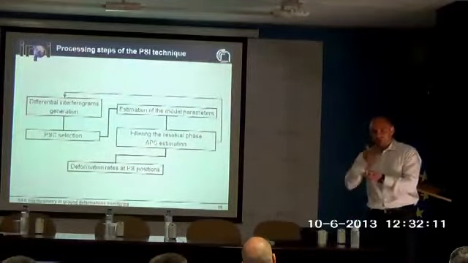Please notice that the only component of deformation we are able to acquire is the one along the line of sight of the satellite. This is what we measure. That means that if we have a surface that is moving this way, we are not able to measure that deformation.